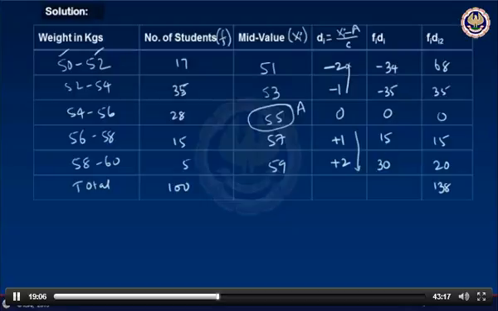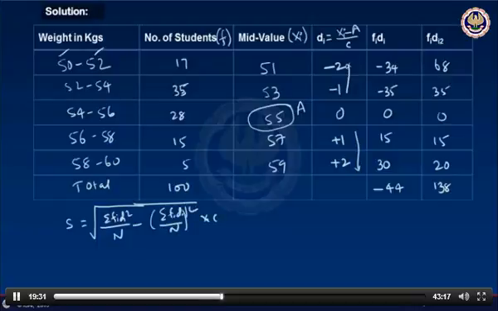Here the plus and minus get a net minus value on the higher side, minus 44. We already know the formula for SD using the deviation method: square root of summation of fi di square by n minus summation of fi di by n whole square, into c. Look at what the values are here.